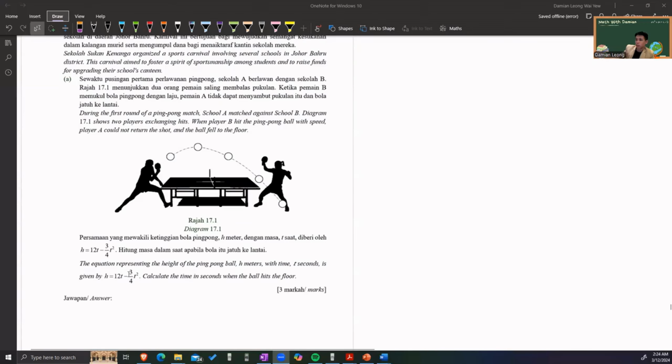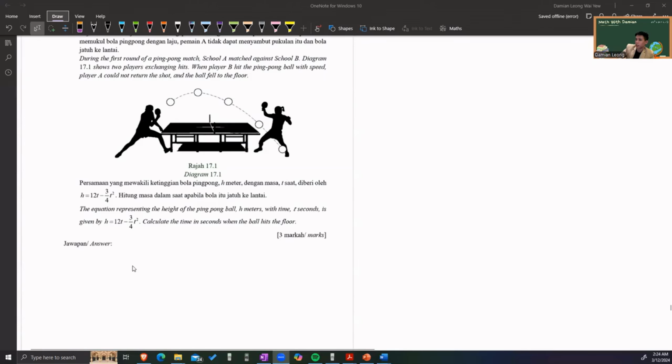So this equation represents the height of the ping pong ball, with time in seconds, given by h equals 12t minus 3 over 4 t square. So the time when it hits the floor means when the height is 0. 12t minus 3 over 4 t square equated to 0. I can take out t. 12 minus 3 over 4 t equals 0.